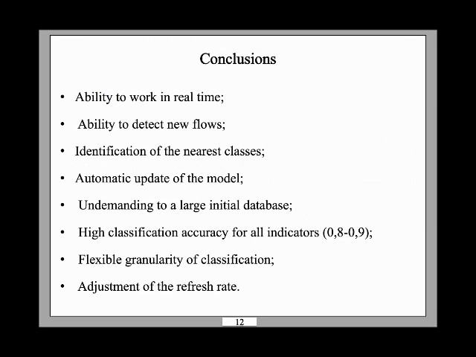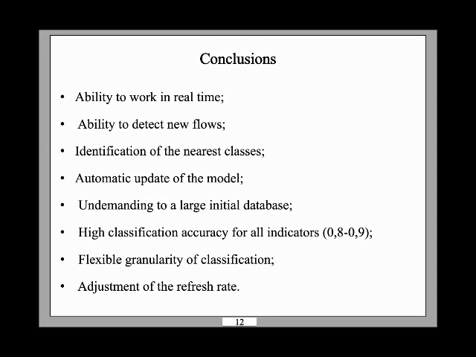Our research offers an experimentally tested approach to solving the problem of traffic classification using machine learning methods, which has the following advantages. First of all, the ability to work in real time due to high-performance network monitoring, a new method of feature matrix formation, and fast model operation time, just 2 milliseconds, using a supervised learning method.